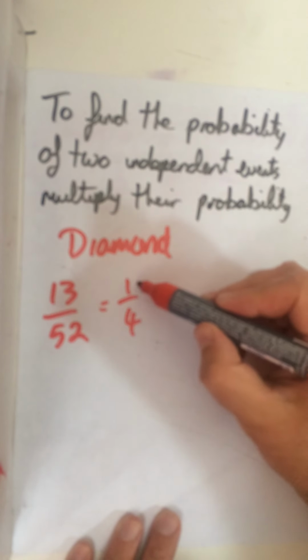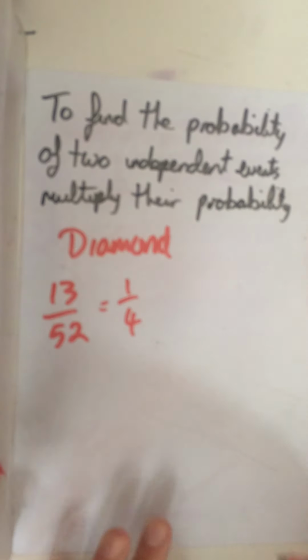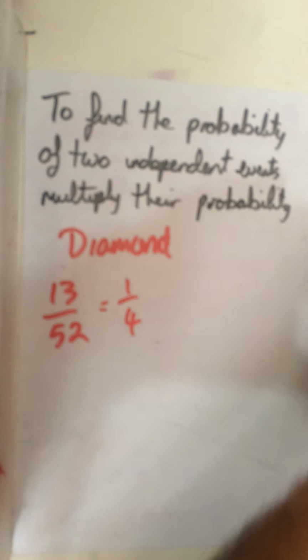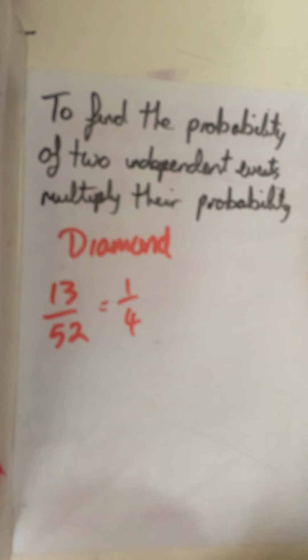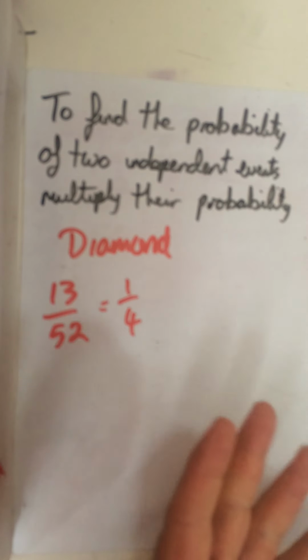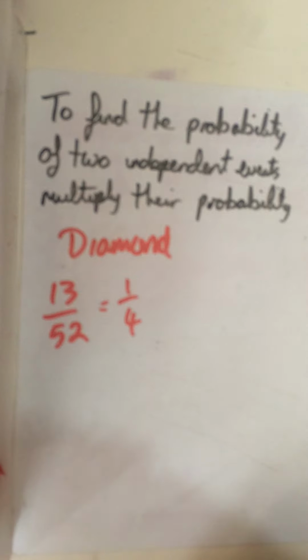Diamonds are 1 suit out of 4 different suits. So it's a 1 in 4 chance of me picking a diamond. What is the probability of me doing that twice? I'm going to have 2 goes, and I need to get a diamond both times. After the first go, I put the card back. That makes it an independent event.